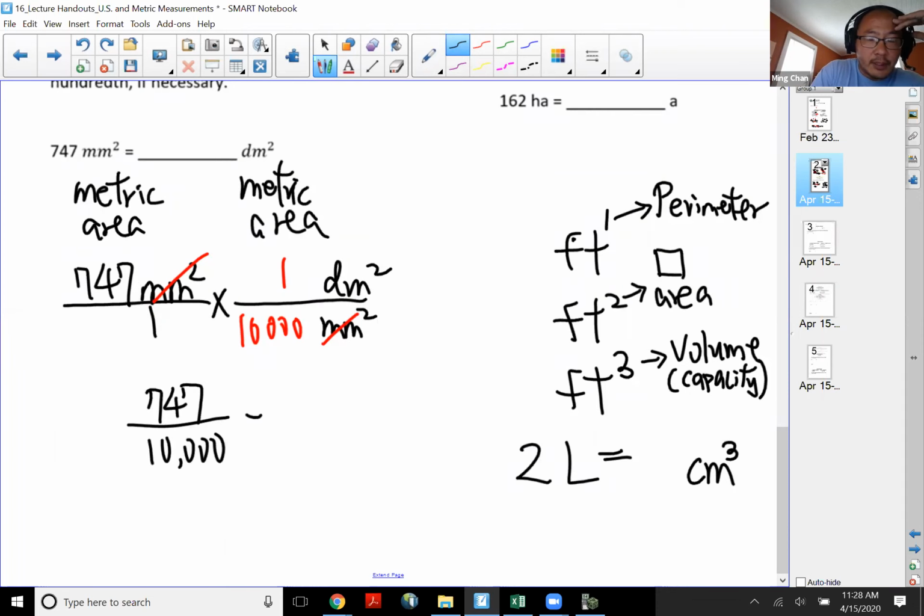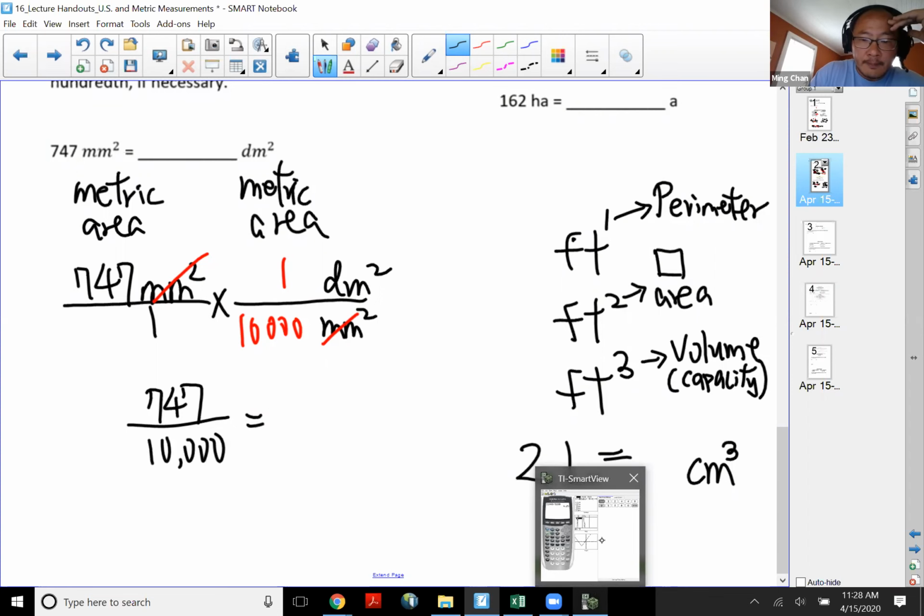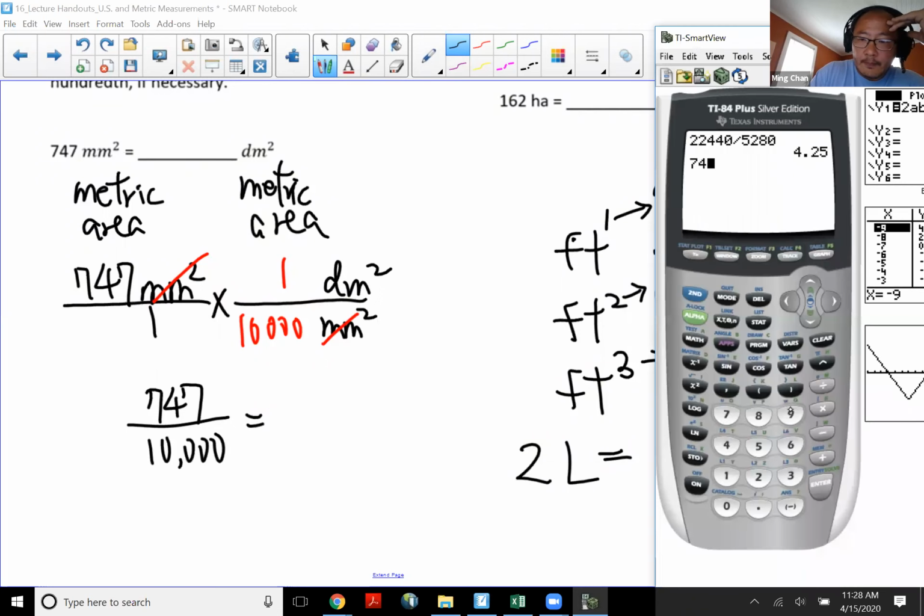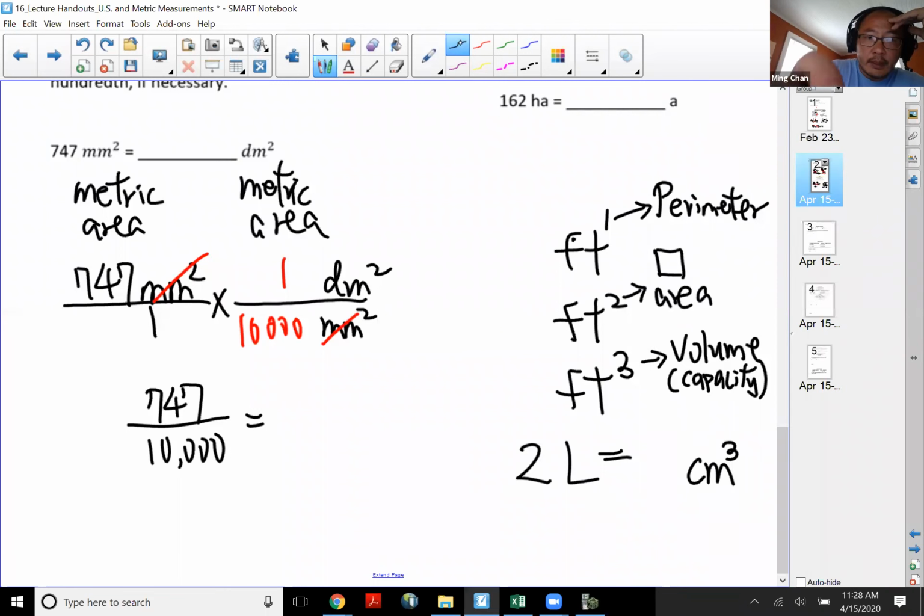So this problem I will need to divide. All right, it's 0.0747. Again, I don't have to round here. I can just type all this in. Okay, so this is 0.0747 square decimeter.